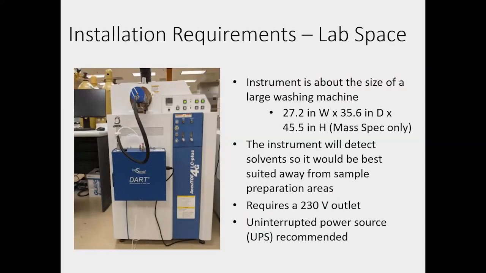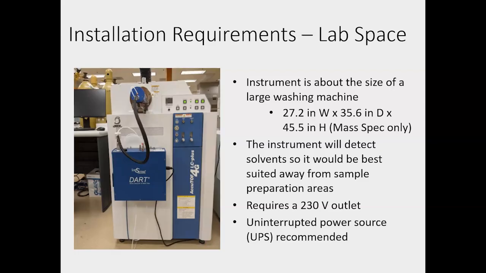So the DART is actually a rather large instrument. It's about the size of a washing machine, and there's a lot of things that need to go with it. So it takes up a lot of space in the laboratory. We didn't have too much of a problem finding a space in Pikesville because we had a lot of open area, but you do want to make sure that it's not super close to where you're handling a lot of different solvents, because that could affect your analysis.